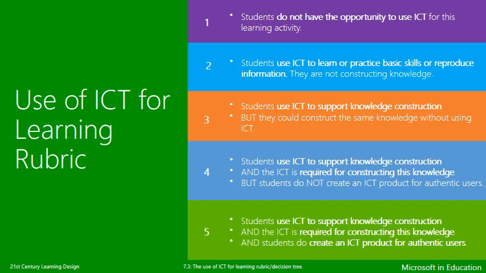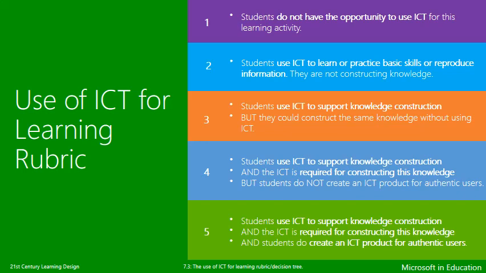As you can see, each of the numbers, 1 to 5, outline the criteria for the condition for the code. For example, to achieve a code 3, students use ICT to support knowledge construction, but they could construct the same knowledge without using ICT.